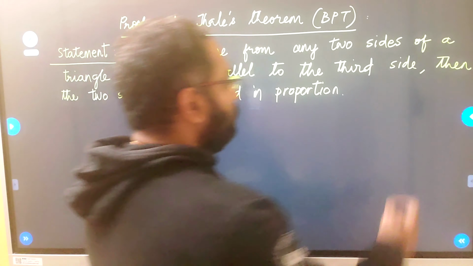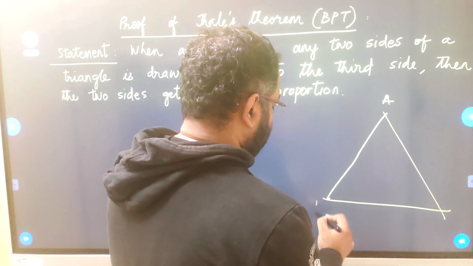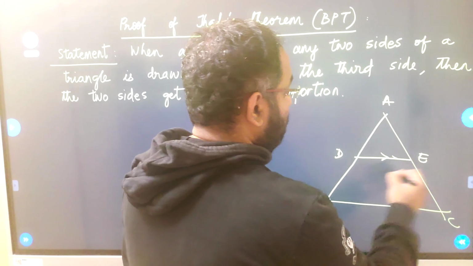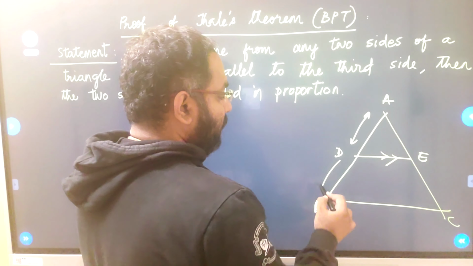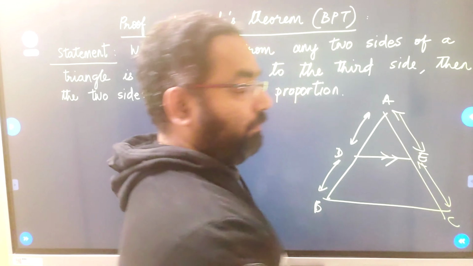Which basically tells you that if I have a triangle like this, called ABC, draw a line parallel, then automatically this by this becomes equal to this divided by this.